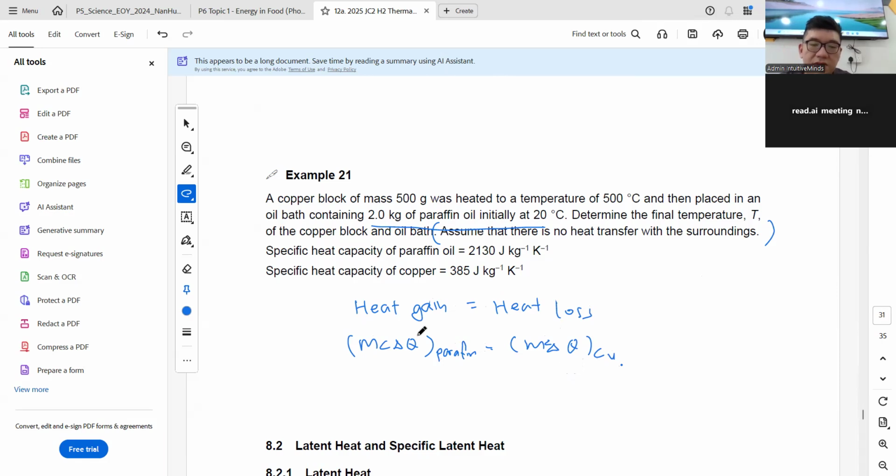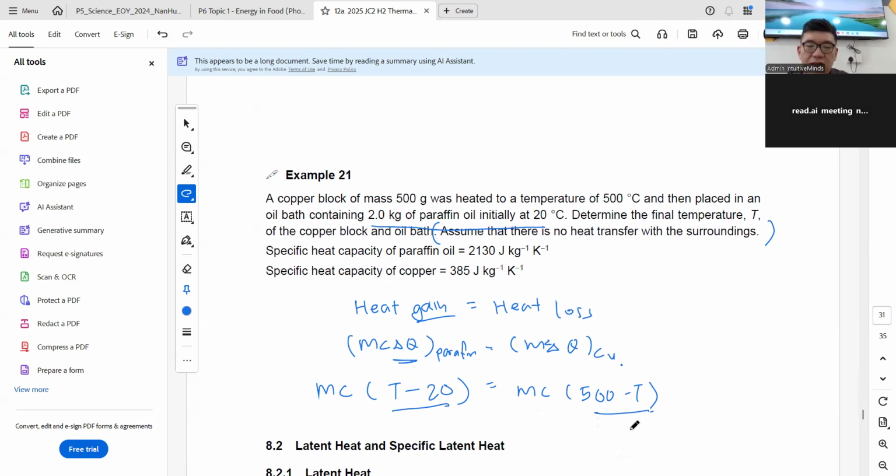And for the copper itself, the delta theta plays an important role. So when expanding out, because this is a heat gain, it is t minus 20, and this one would be 500 minus t.